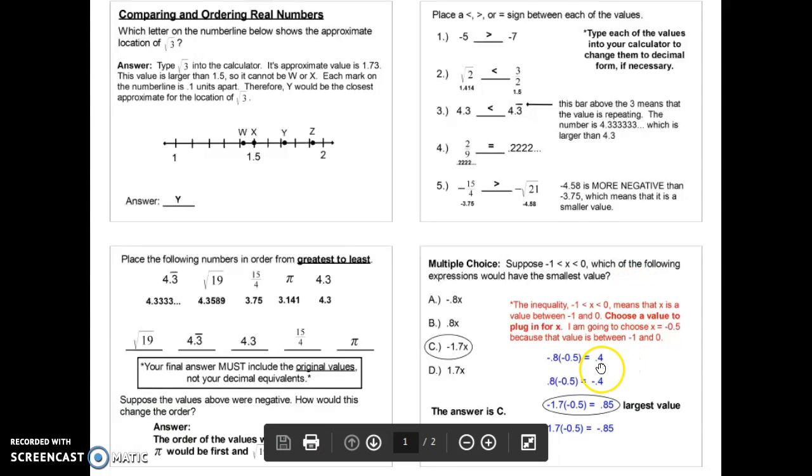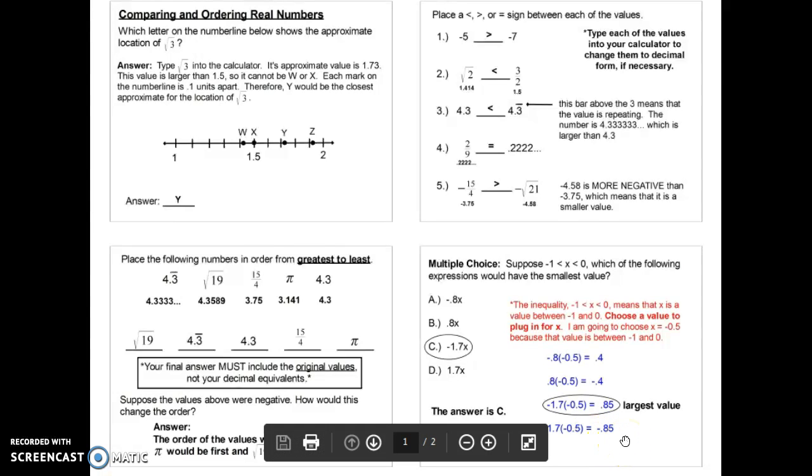When we plug it into letter choice A, we end up with 0.4 as our answer. In answer choice B, we end up with -0.4. In answer choice C, we end up with 0.85. And then in answer choice D, we end up with -0.85.